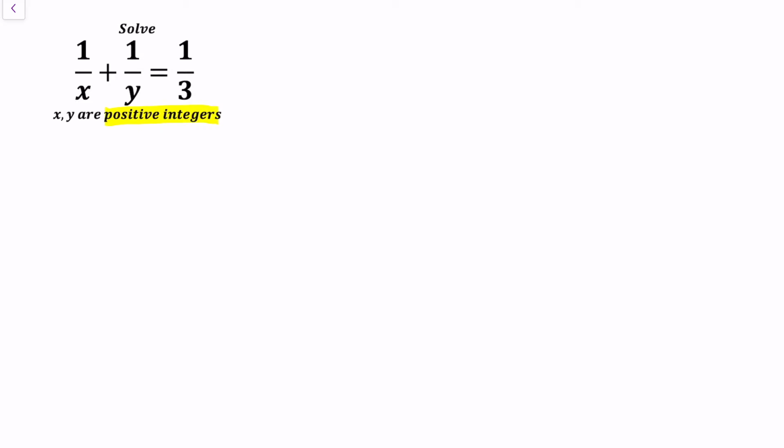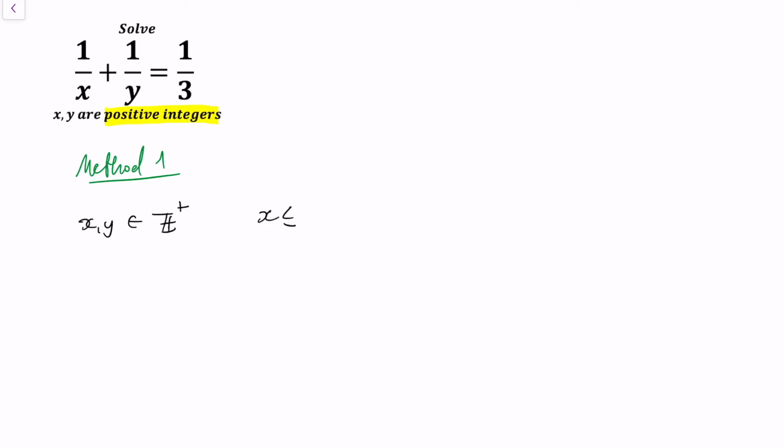Okay, so the first method, method 1, that one would use to solve integer equations is normally inequalities. Because x and y are not only real numbers but positive integers, we know that they can be ordered.